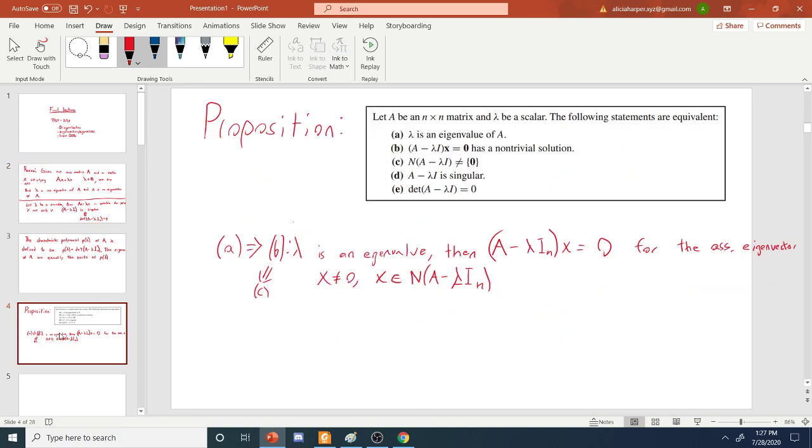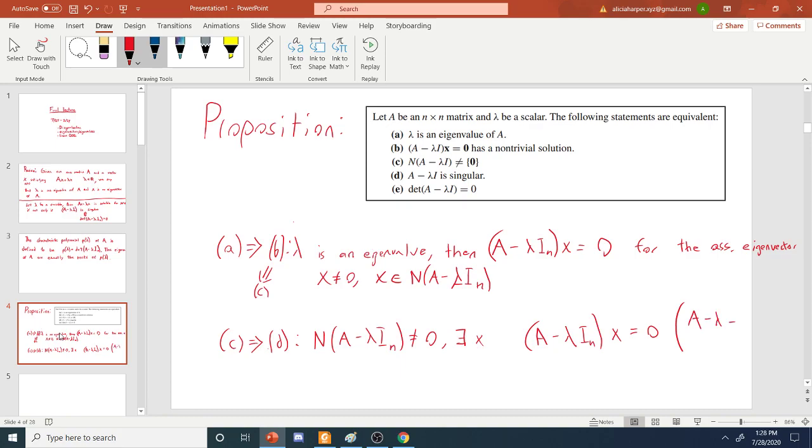Now let me show that C implies D. If the null space of A minus lambda I is not equal to 0, then there exists x with A minus lambda In times x equal to 0, which means A minus lambda In cannot be inverted.